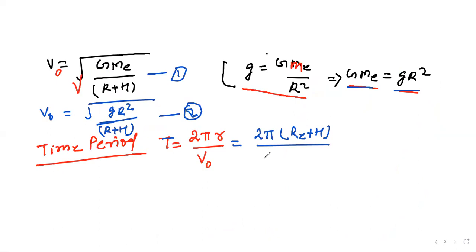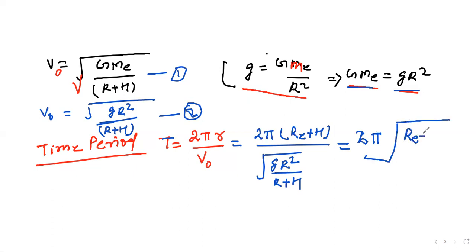So put this value of VO, the orbital speed, which is root under g RE square by R plus H. This will be equal to 2 pi root under (RE plus H) to the power whole cube divided by g R square.